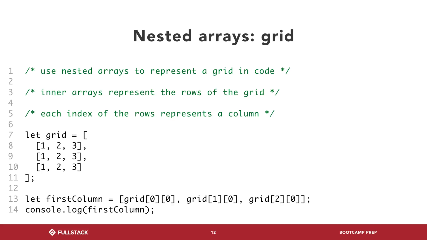The next thing is go to the grid, go to the second row, give me the first thing in that row. So this is going to give me the 1 from line 8. This is going to give me the 1 from line 9. And then this is going to say go to the third row in the grid and give me the first thing. This will give me the 1 from line 10. I now have 3 numbers, and I'm putting them once again into this new array that I've created. So when I console log that, it's going to give me back an array of 1, 1, 1.